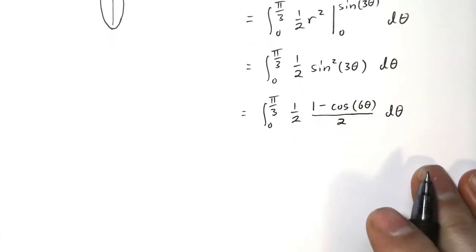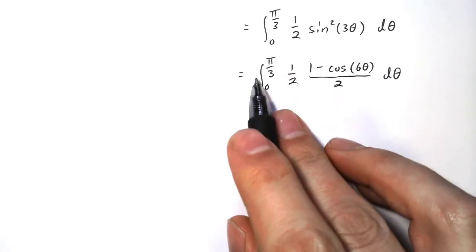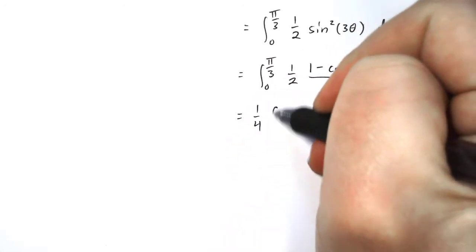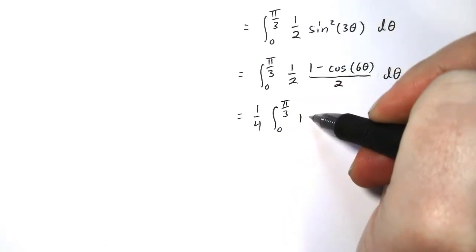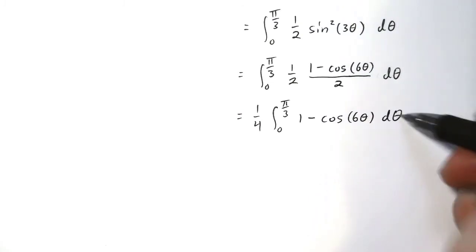All right, so proceeding along here, I got 1/2, 1/2. I'll just pull that 1/4 out of the integral. And what do we have left on the inside? 1 minus cosine 6 theta.